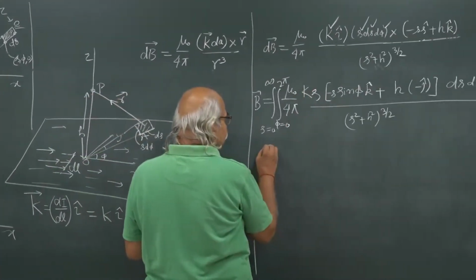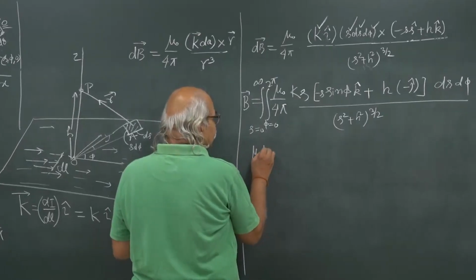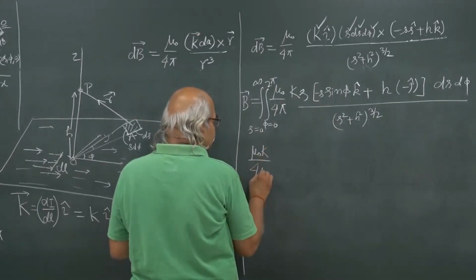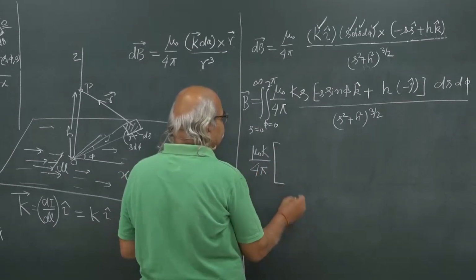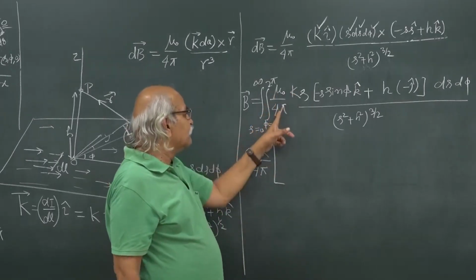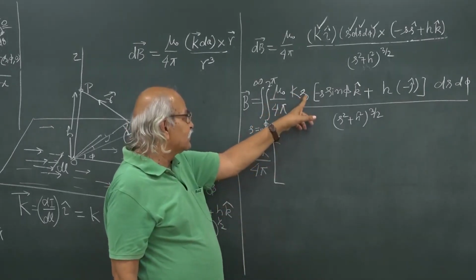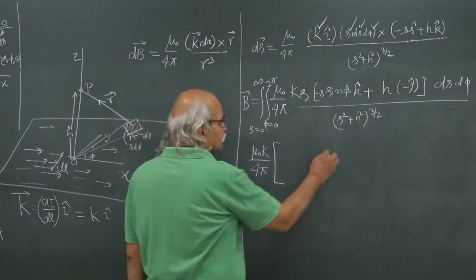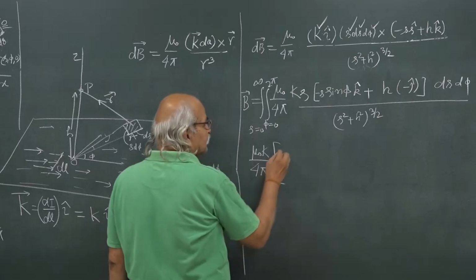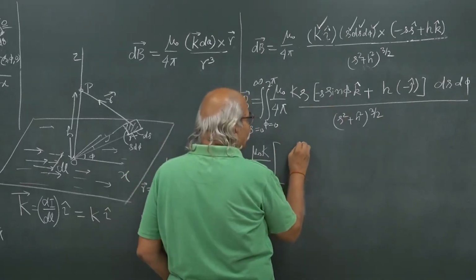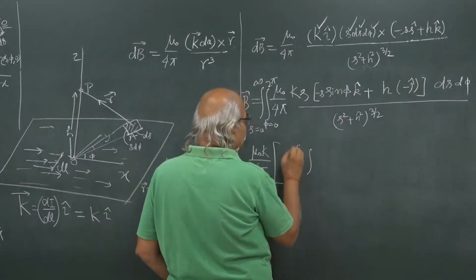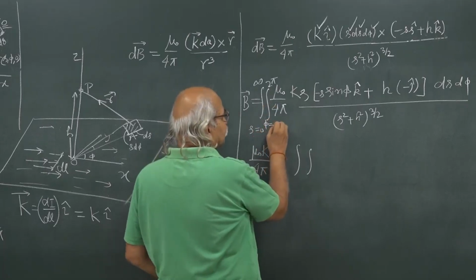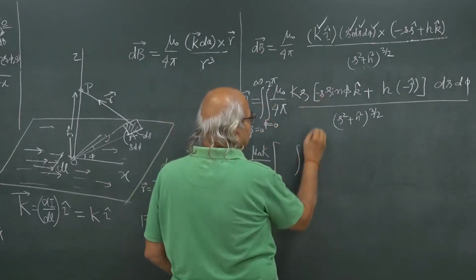You can write mu naught, k and 4 pi outside the integration, mu naught k by 4 pi. You cannot take this s out, you have to integrate on s. So, we will write in two parts, one double integration, one for s, one for phi, and what is there?